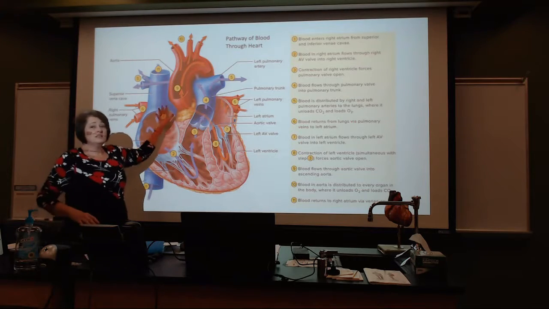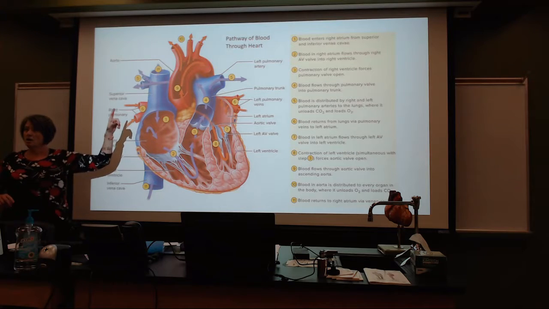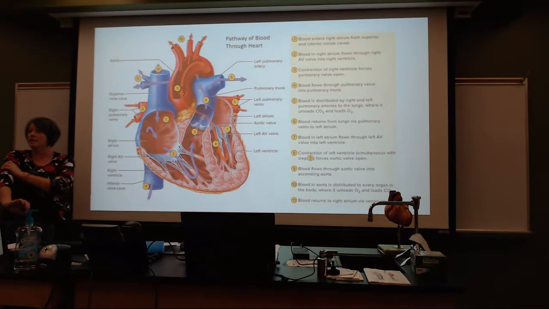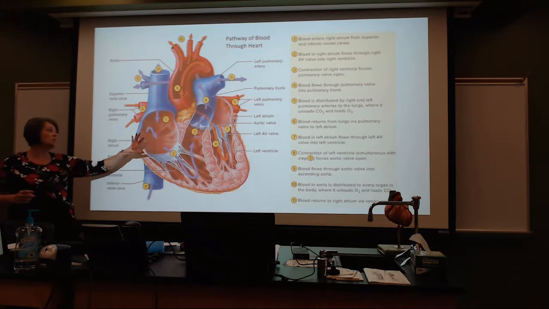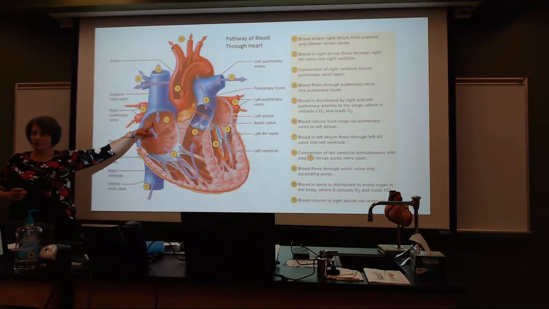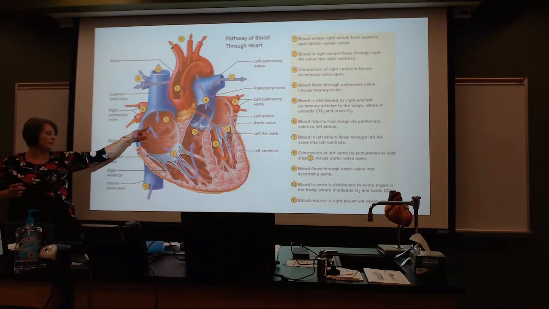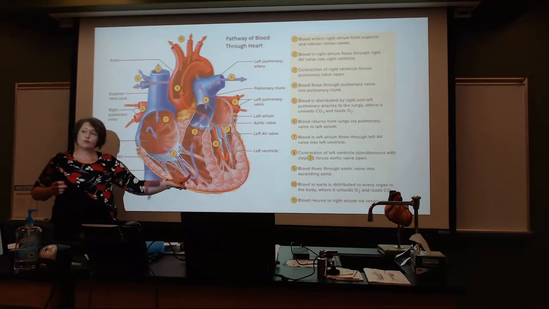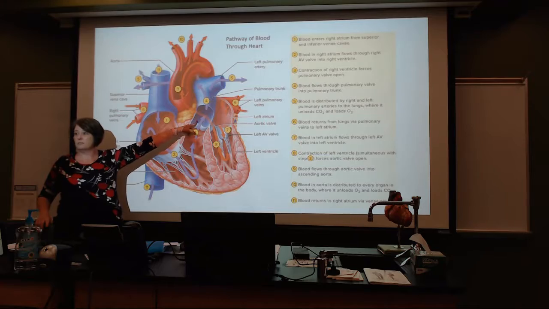So if we look at this picture right here, the way that they are showing this diagram, they're starting out with the blood returning to my right side. So this is my atria on the right. It has to go from the atria to the ventricle, and then from the right side, it goes into my pulmonary trunk.